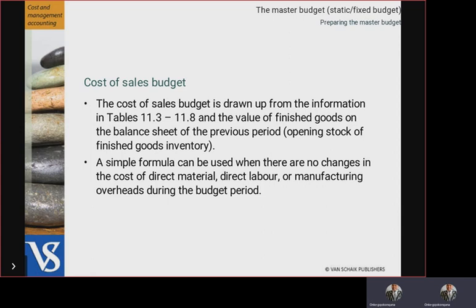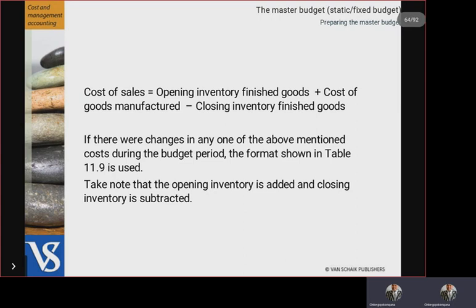So to calculate the cost of sales, you simply take the cost of your opening inventory of finished goods plus the cost of goods manufactured, minus the closing inventory, and it will give you what you are looking for. But if there were changes in any of the above mentioned costs during the budget period, then the format shown in table 11.9 is used if you can check that table.